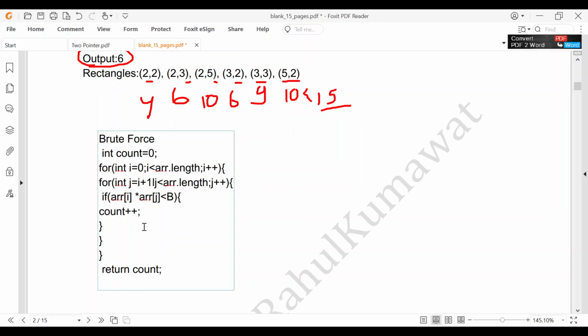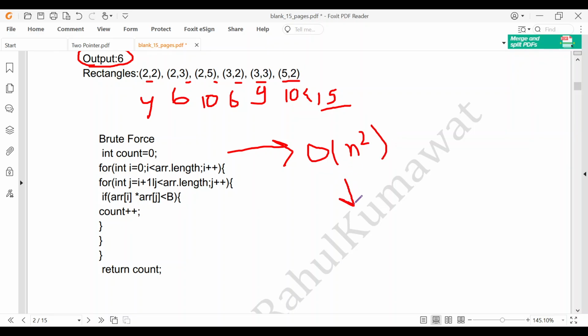But what is most important is that we should not solve this question with the brute force approach, because it will take order of n square, which is not that efficient. In order to optimize it, you need to reduce it to order of n.